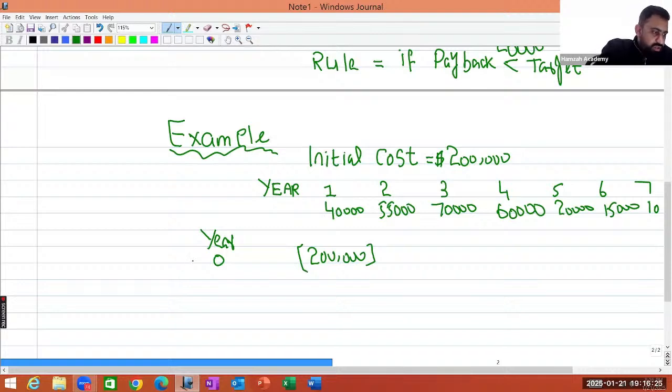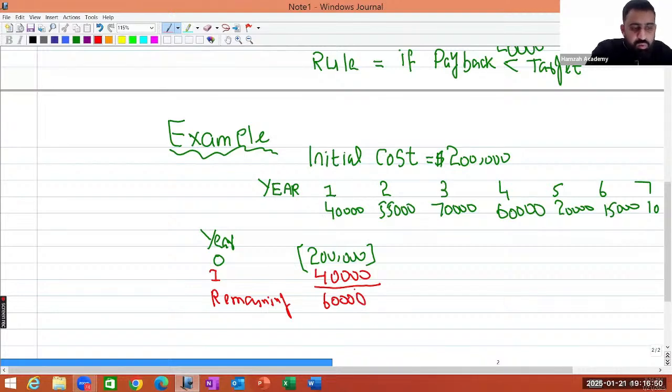Now, in year 1, we expect to recover 40,000. So if we recover 40,000, the remaining amount will be, sorry, 160,000. 160,000.